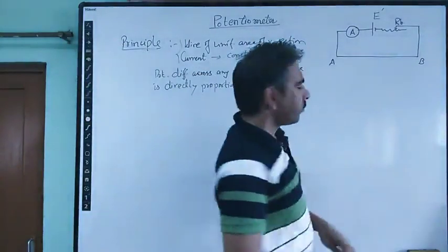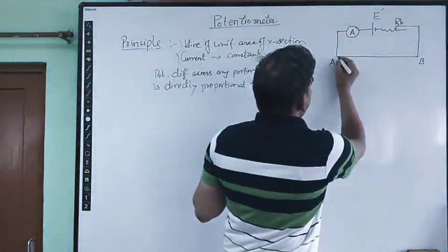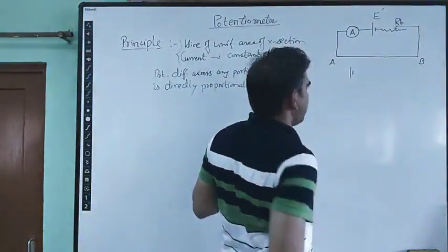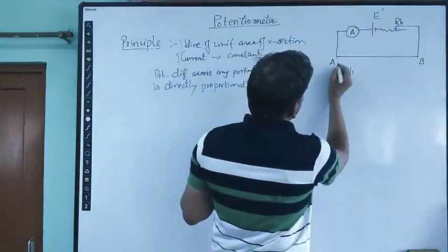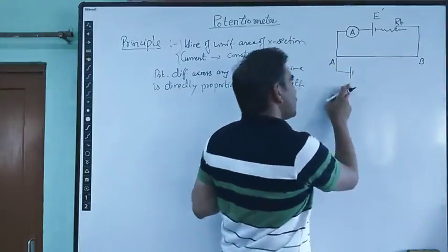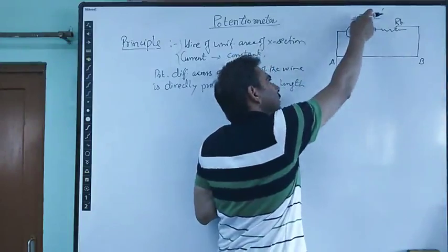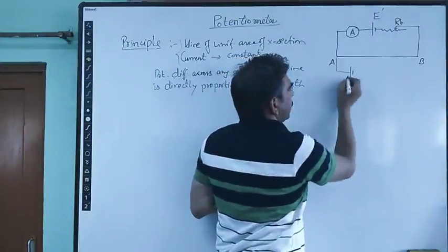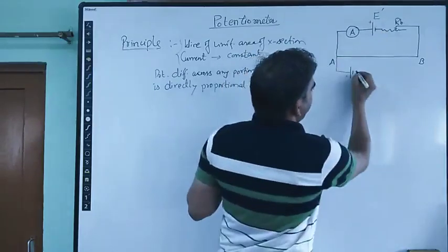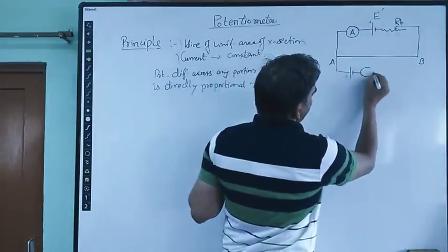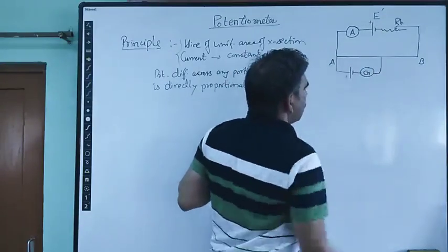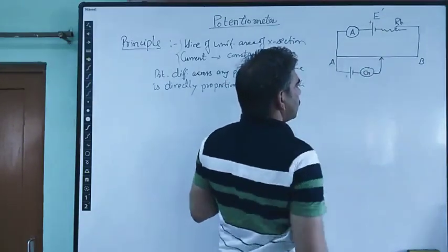So what we do, we make use of another cell. This is called the primary cell. We connect the positive terminal of this primary cell at the same terminal where the positive terminal of the auxiliary battery is connected. So the positive terminal remains connected at the same point, and through the negative terminal we connect a galvanometer and make the circuit complete.